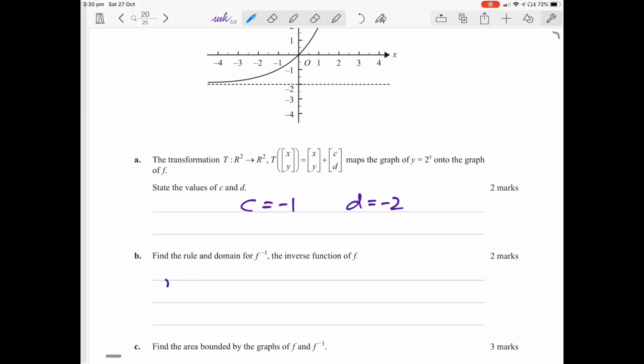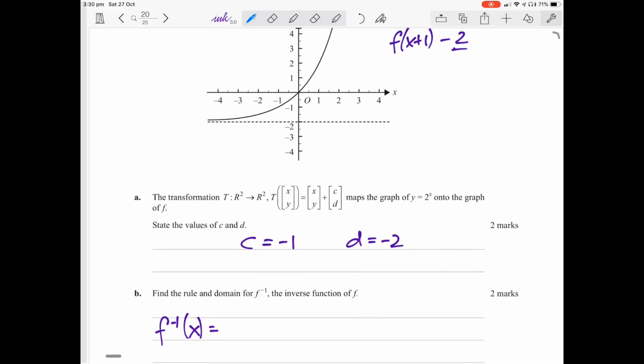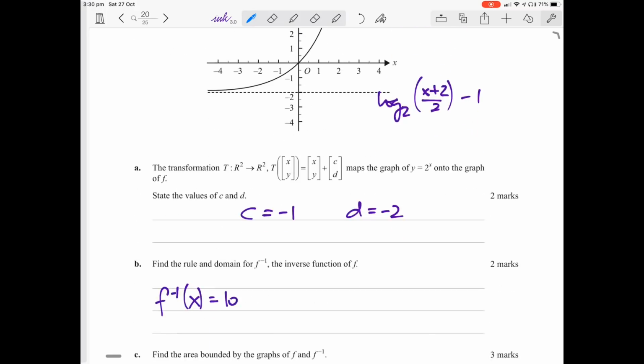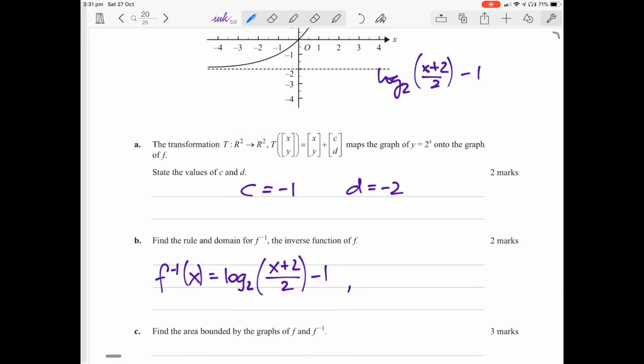So f inverse of x, I would say, is log 2 of x plus 2 on 2, minus 1. And then our domain is negative 2 to infinity.